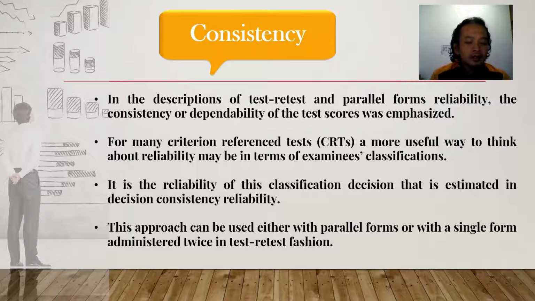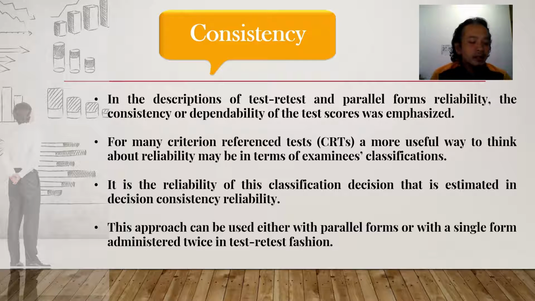For example, a typical CRT will result in an examinee being classified as either a master or non-master. The examinee will either pass or fail the test. It is the reliability of this classification decision that is estimated in decision consistency reliability.